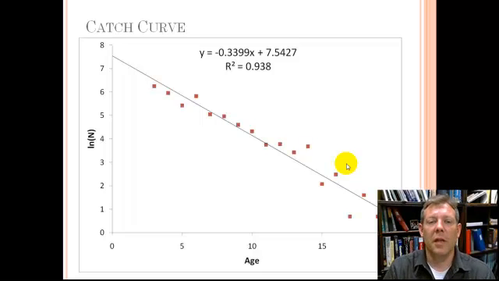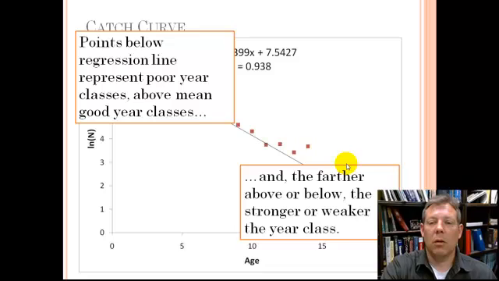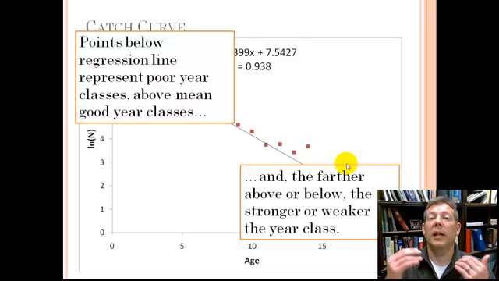Again, here's the catch curve we were looking at earlier, and the points below the regression line represent poor year classes, and above the regression line mean, good year classes. The farther above or below the mean, the stronger or weaker the year class relative to all other year classes. And that distance above or below the regression line is the residual, and we can mathematically extract that.